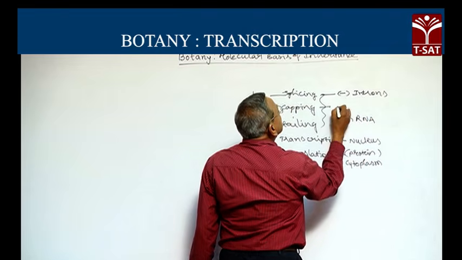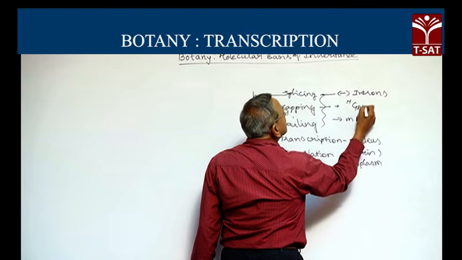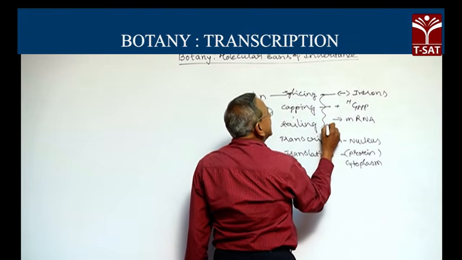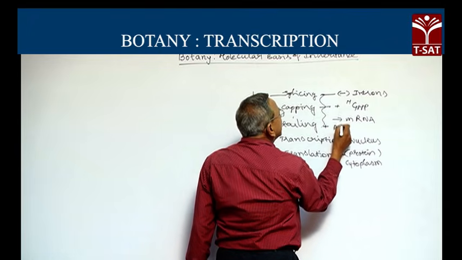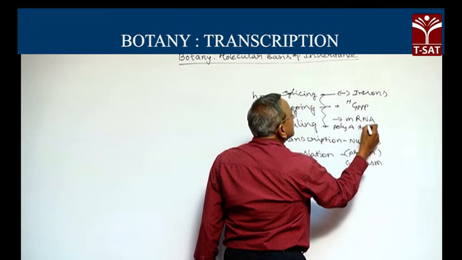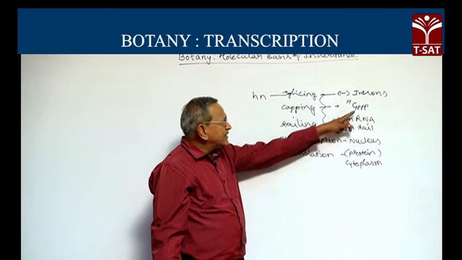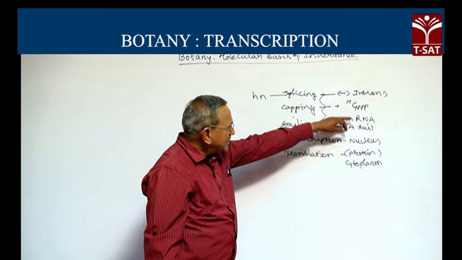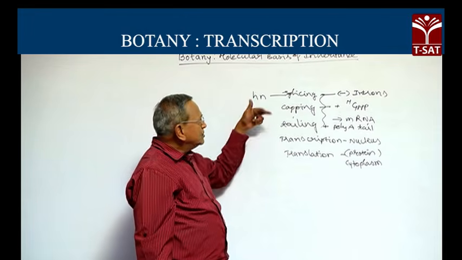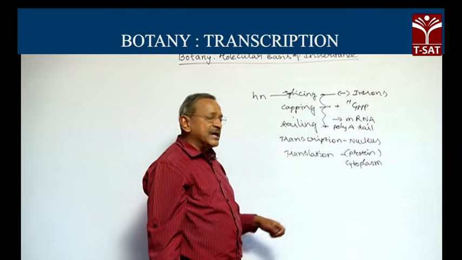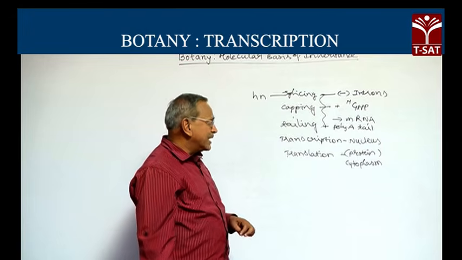During capping there is addition of methylated guanine triphosphate, and in this case we have addition of poly A tail. So this represents processing, and only after this we have mRNA, and this mRNA is translated in the cytoplasm, because nucleus and cytoplasm are separated by nuclear envelope or membrane in eukaryotic organisms.